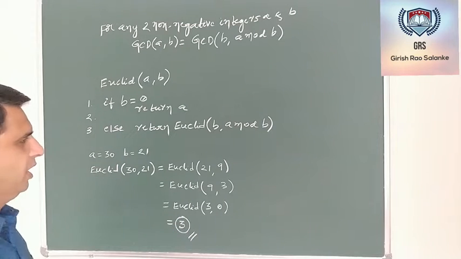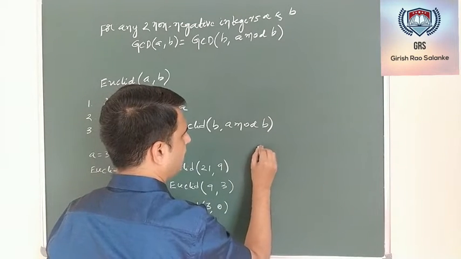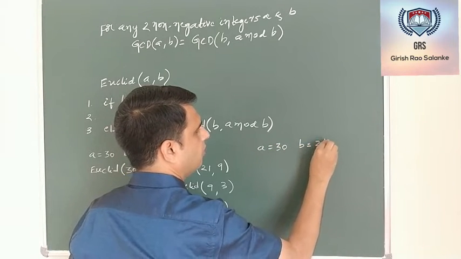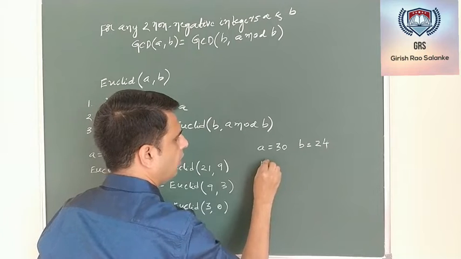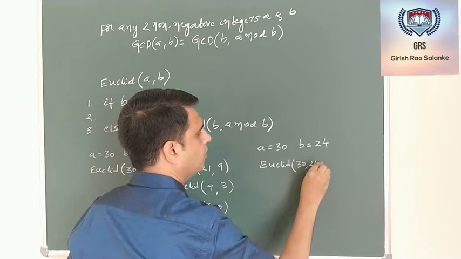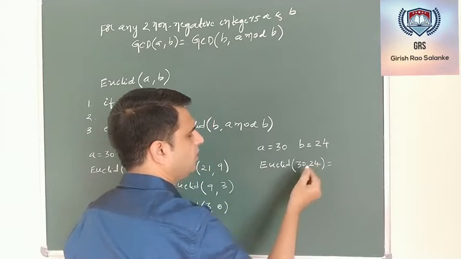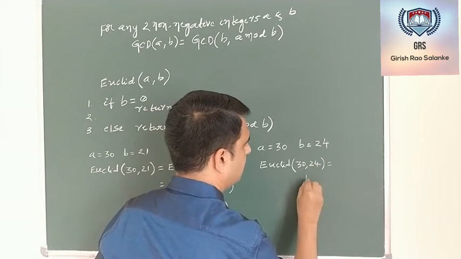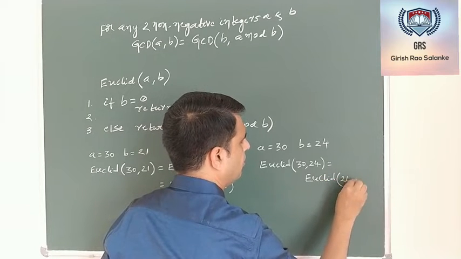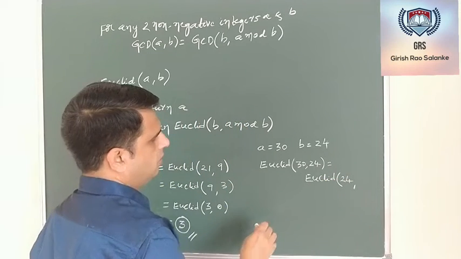Now we'll take one more example, the example that we took earlier. It is A as 30 and B as 24. Now call Euclid's on 30 comma 24. What happens? Is B 0? No. So this is nothing but Euclid's of 24 comma, what is the remainder?